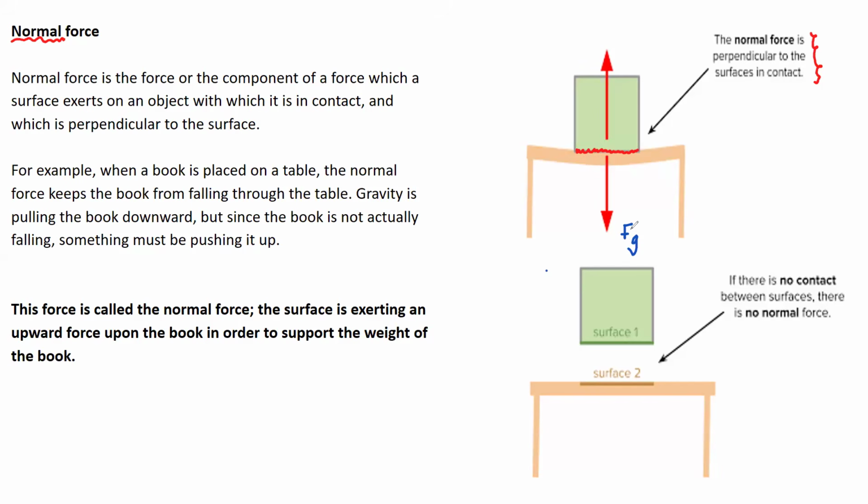The force of gravity, its intention is to pull that particular book through the table. Listen to my English. I'm explaining. We speak physics. The force of gravity, its intention is to pull that particular book that you are writing on through the table. That's what it wants to do.